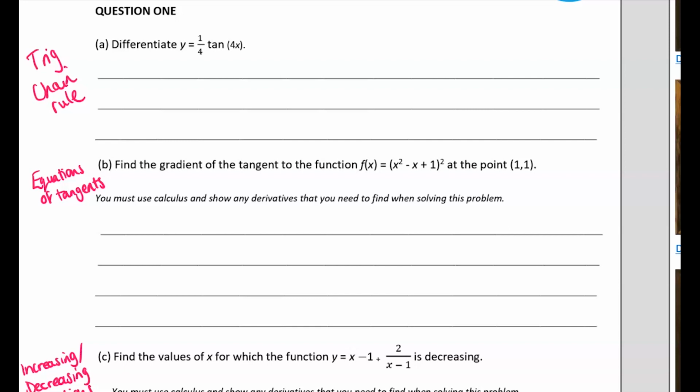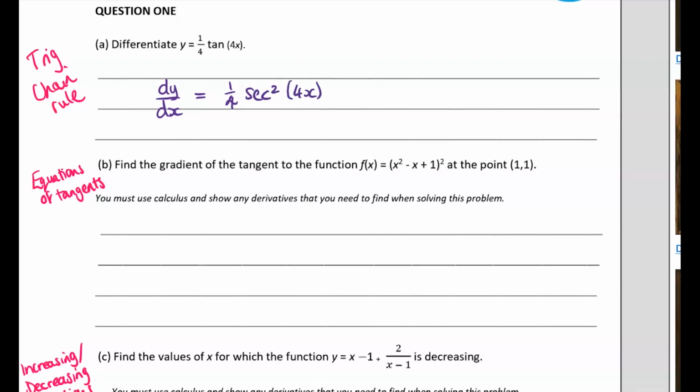So for question 1, we need to do this differentiation using our knowledge of the chain rule and how the trig functions differentiate. So the chain rule tells us to differentiate the outside function, which is the tan function. Now tan differentiates to sec squared, so dy by dx will be a quarter of sec squared, and leave the inside of that function, the 4x, alone.